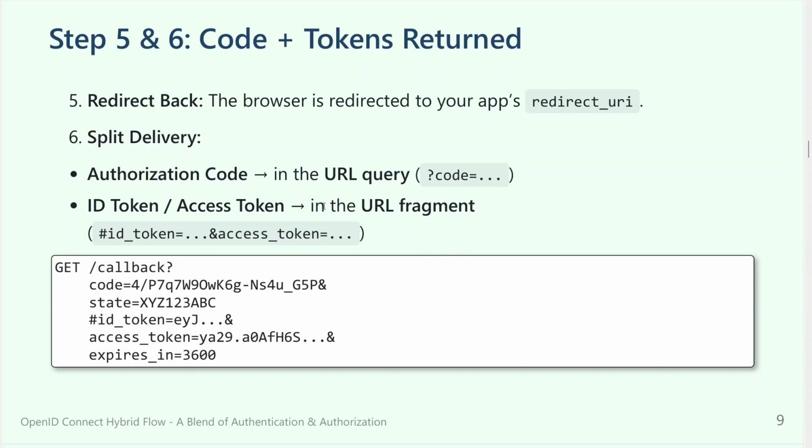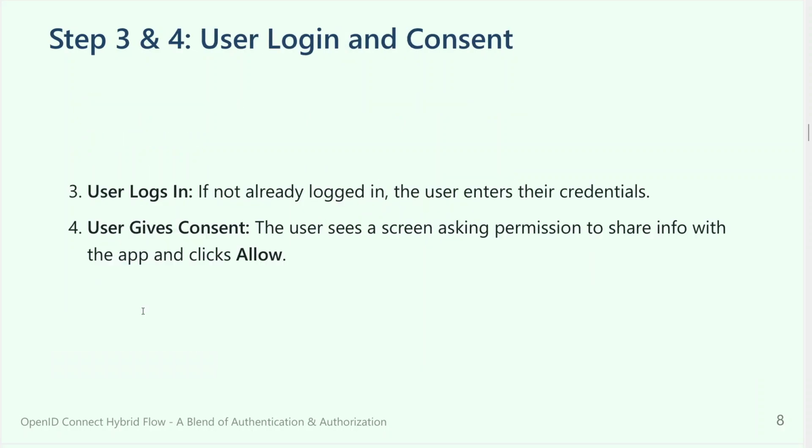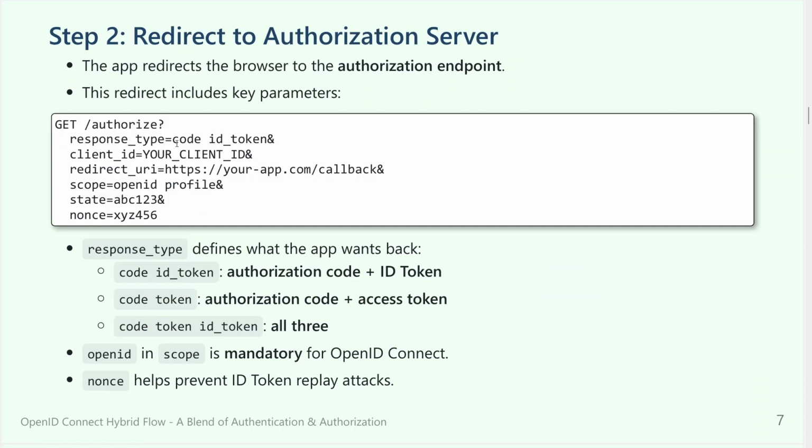You have this weakness of the address here to get the tokens, but at the same time you guarantee at least that you start the conversation and you end the conversation using the code the same way as the first flow, the authorization flow, does. You have the code, the state, and you can receive the ID token, access token, things like that. You don't have to receive all of them. It depends, again, on what you provided here.